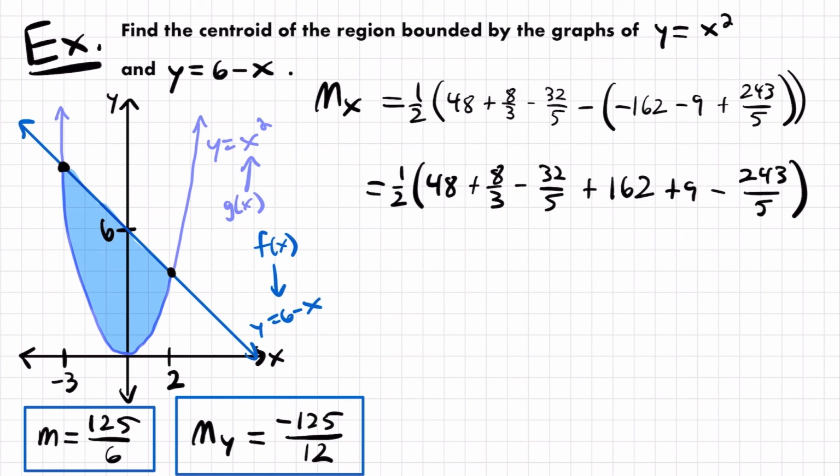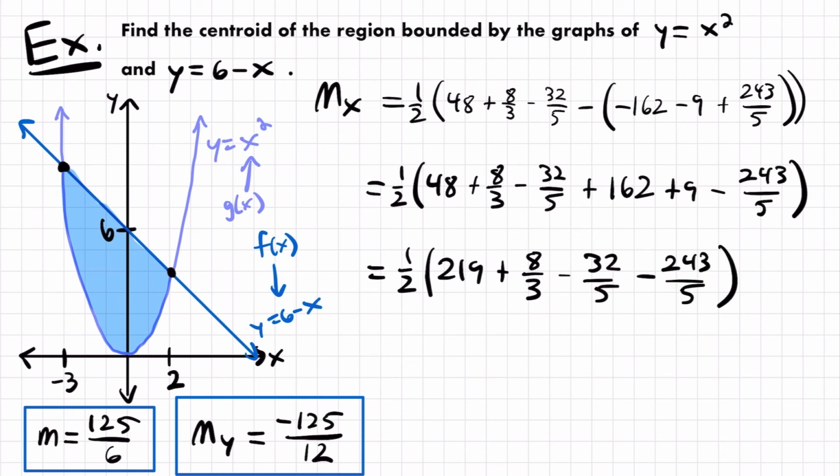So this is equal to 1/2 times 219 plus 8 thirds minus 32 fifths minus 243 fifths, but we can combine those two fractions since they have the same denominator. And so negative 32 and negative 243 will combine to be negative 275.